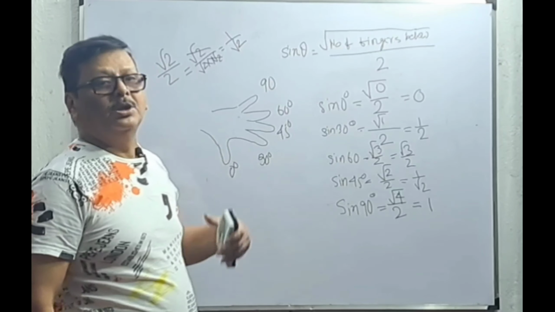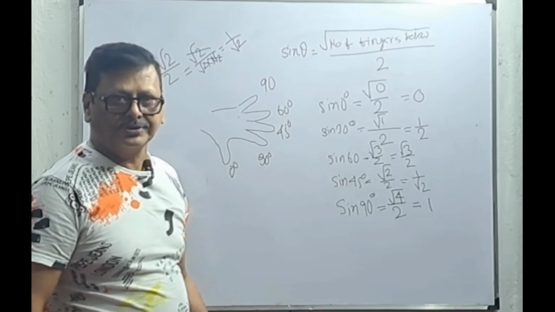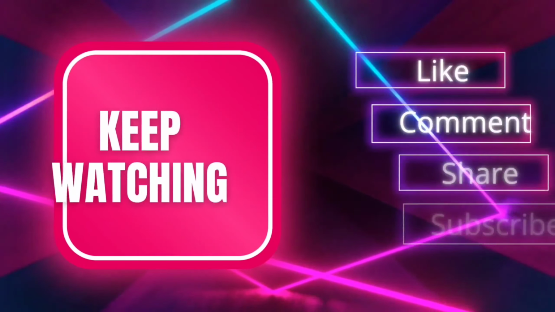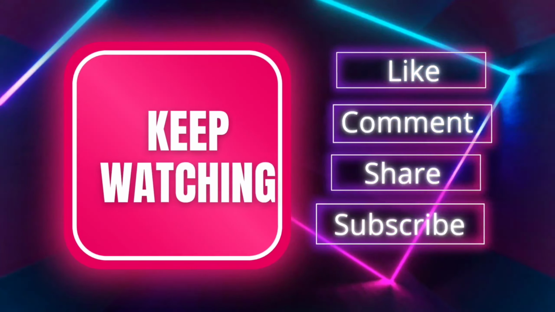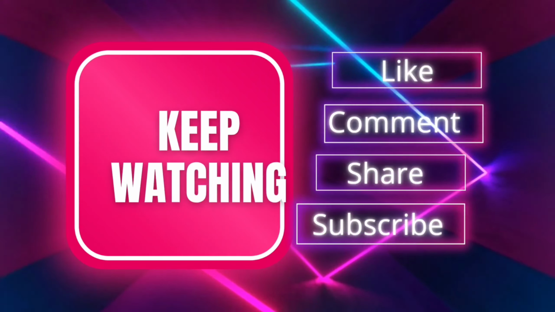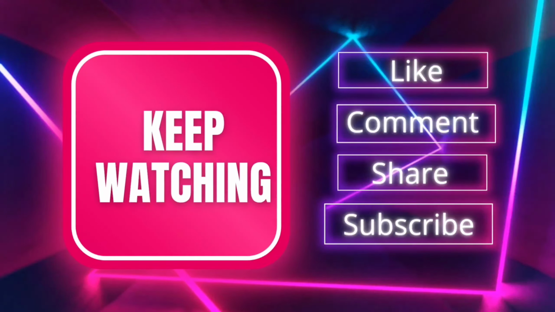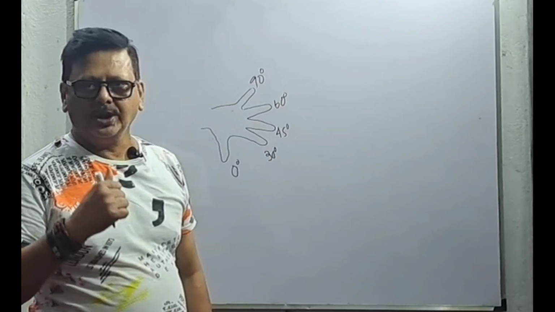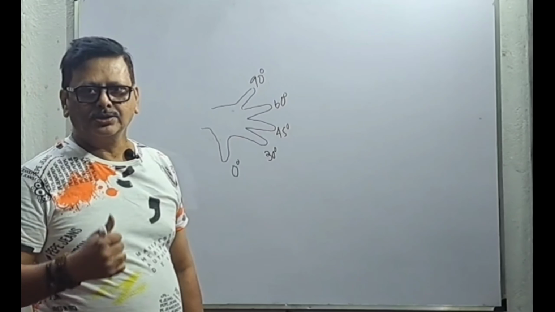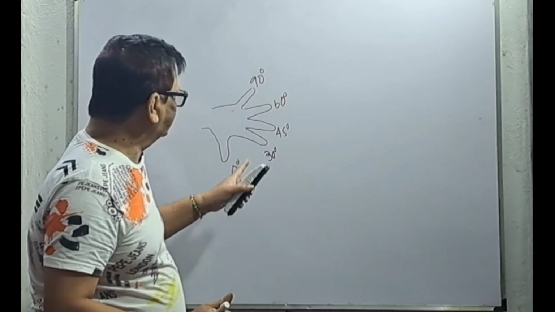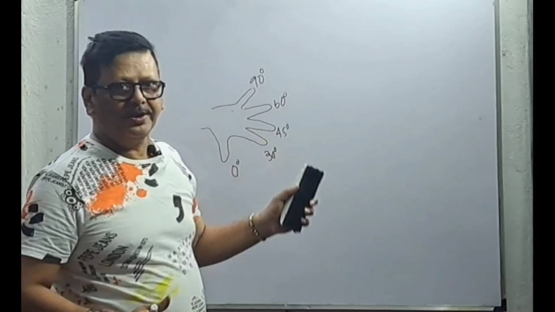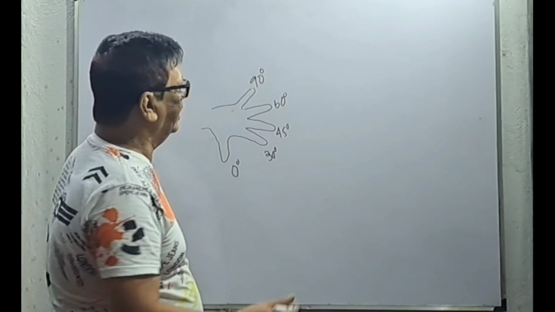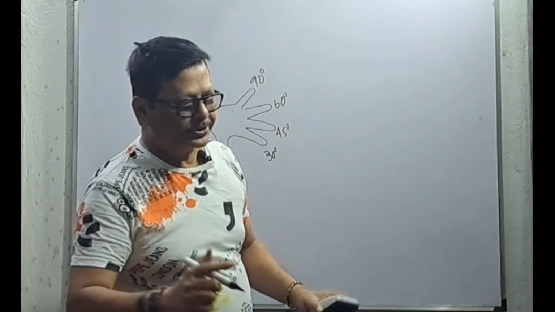Now we move over to how we get the cos values. Now let us see what we have for the values of 0, 30, 45, 60 and 90 degree for cos. You see, it is the opposite of sine.